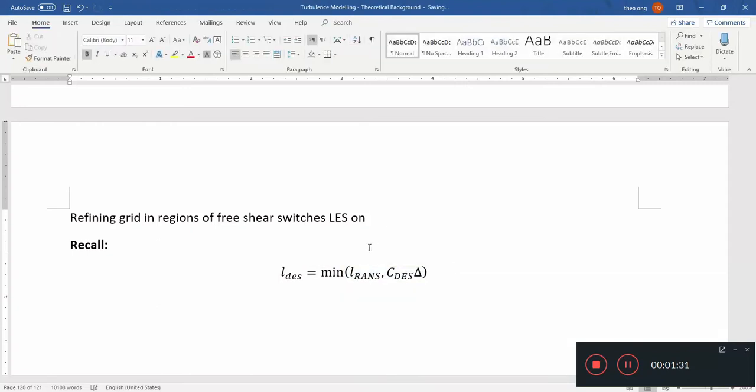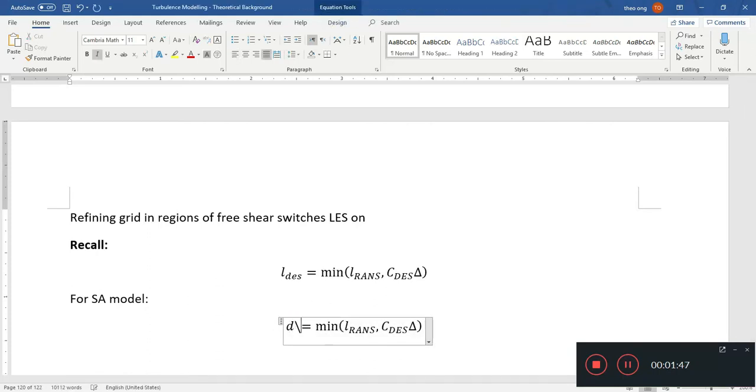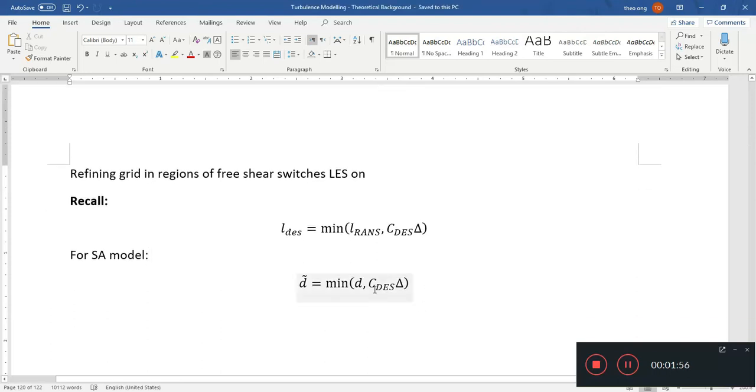So for the Spalart Allmaras model, the DES length scale is D tilde, and you'll have d for the Reynolds averaged Navier-Stokes length scale, and otherwise you will have this C_DES delta, right?